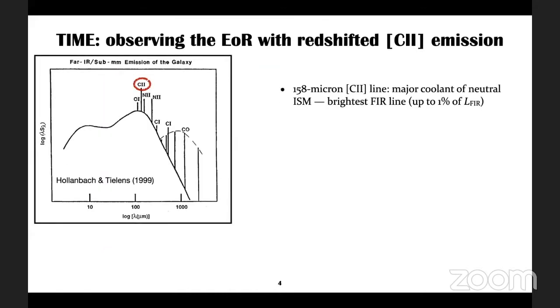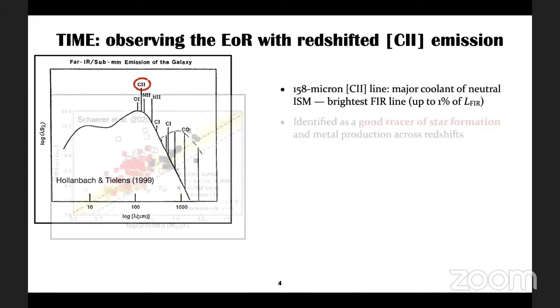There are a few reasons for [CII] to be the target signal of our experiment TIME to study reionization. First of all, the 158 micron [CII] line is the major coolant of the neutral ISM, which makes it the brightest far infrared line, comprising up to 1% of the total far infrared luminosity of typical galaxies.